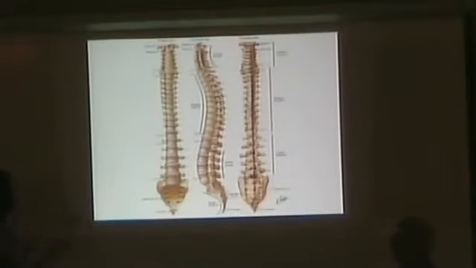From the side, the spine has 4 curves. The inward curves of the cervical spine and lumbar spine are called lordosis, and the outward curves, thoracic and sacral, are called kyphosis.